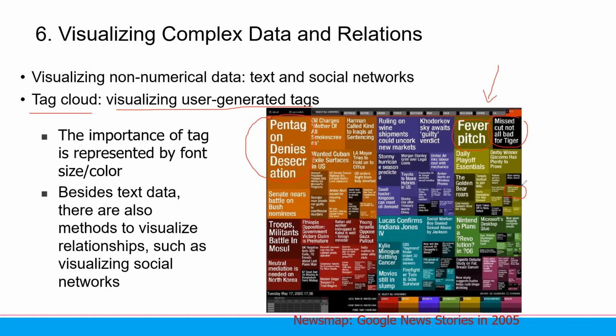So that kind of thing can be visualized like this. Maybe the brown color is related to politics, and the purple color is related to economics, and so on. So the color can represent topics.